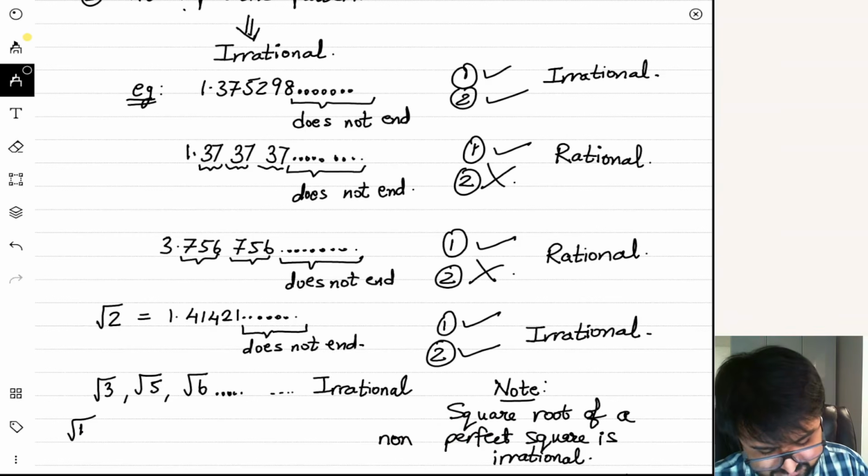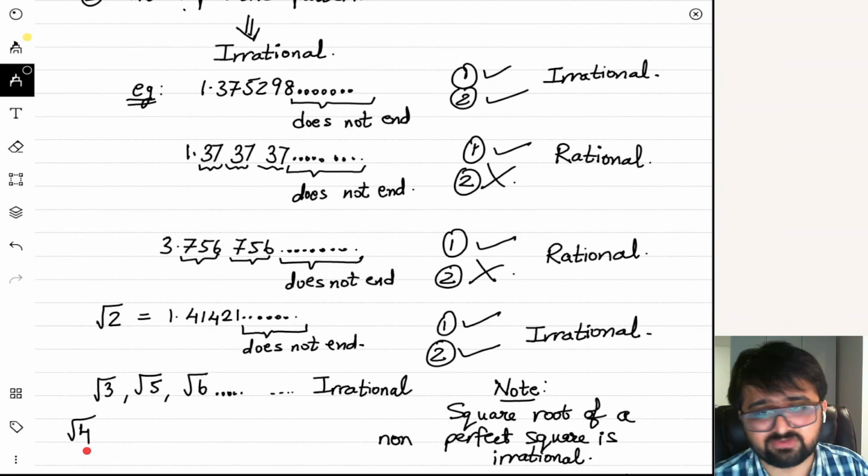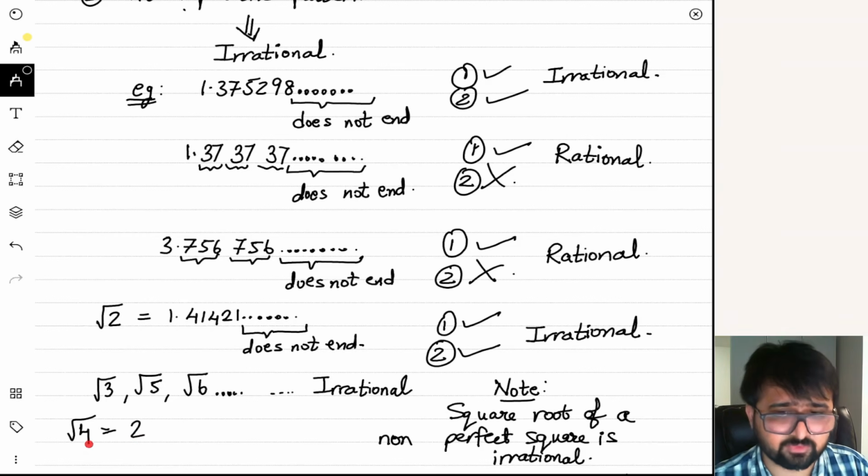So for example, if it's square root of 4, 4 is a perfect square because square root of 4 is 2. The number comes out to be 2, and 2 does not satisfy either condition 1 or condition 2, because 2 is just like 2.0 and it just ends here, right? So it's not even non-terminating.